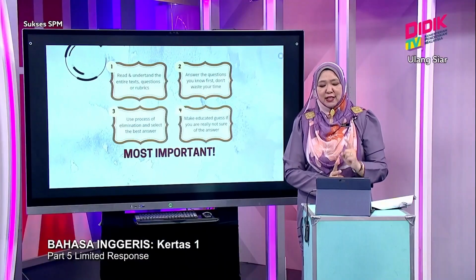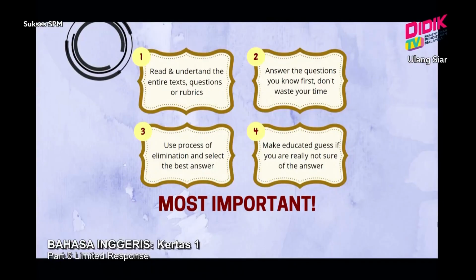Before we continue, maybe you could give us a recap of the techniques and tips you have given so far. Okay, class, most important for Paper 1: number one, read and understand the question, the instruction, the rubrics, the text. This is the most important thing you have to do.